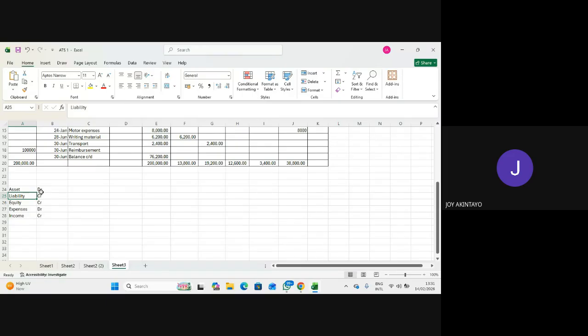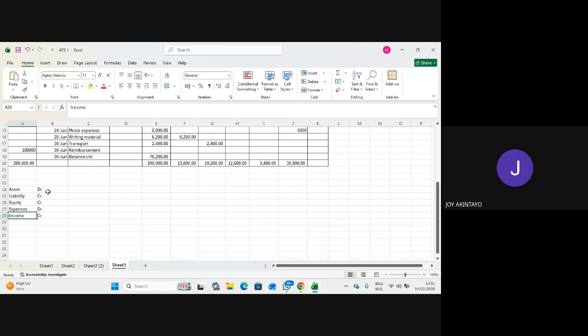Likewise, all equity items will be on the credit side. Then expenses will be on the debit side. Income will be on the credit side.